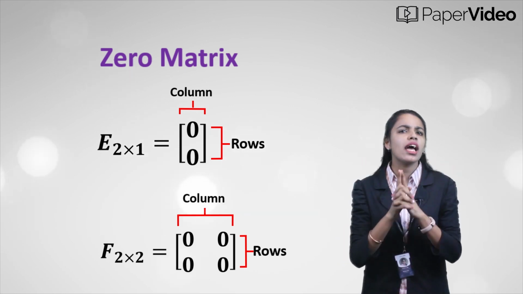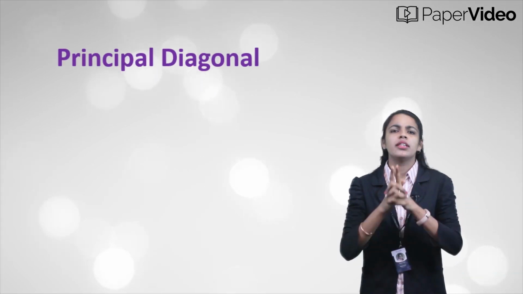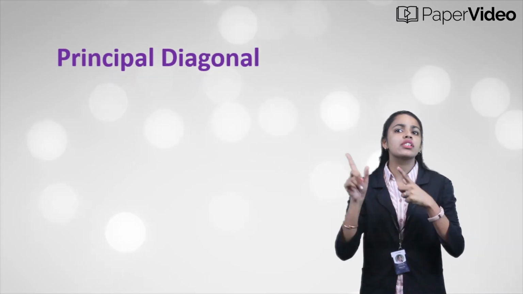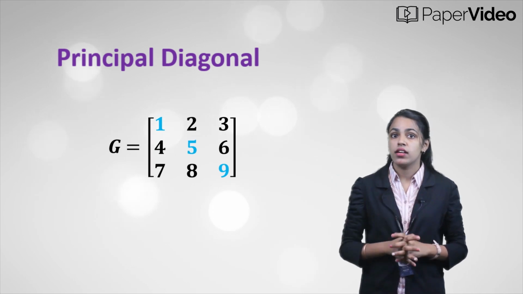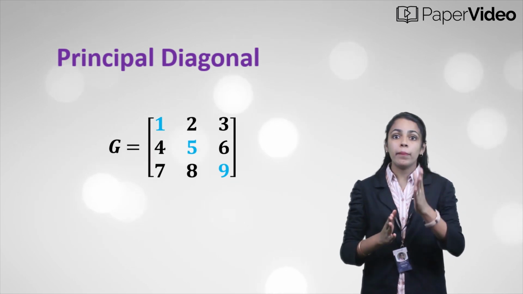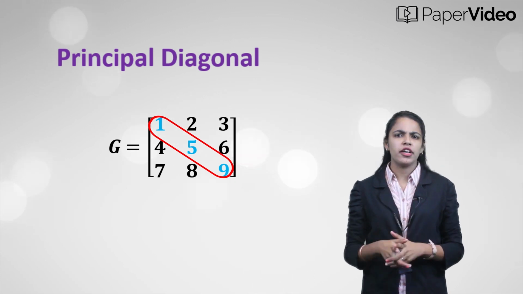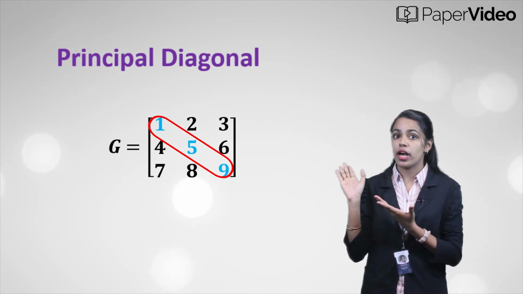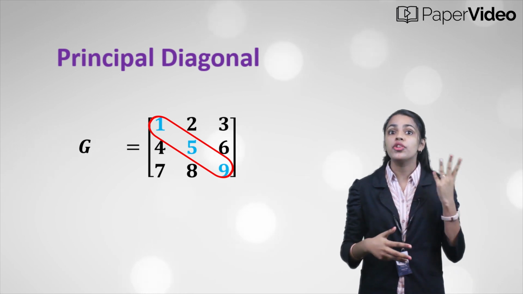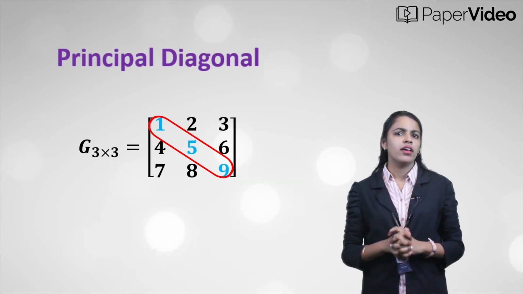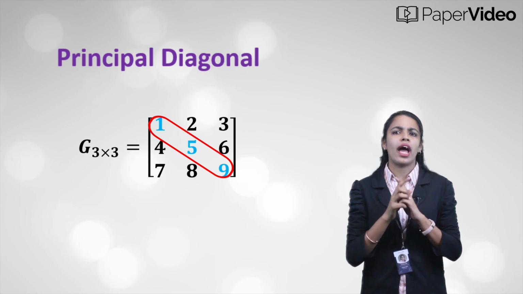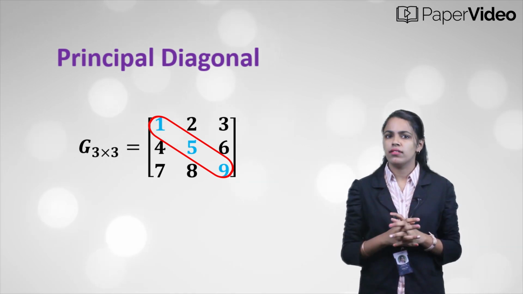To understand the next type of matrix, we must know the meaning of principal diagonal. The principal diagonal of a square matrix means the diagonal from upper left corner to bottom right. For instance, if matrix G is a square matrix of order 3 into 3, then this diagonal is known as principal diagonal.